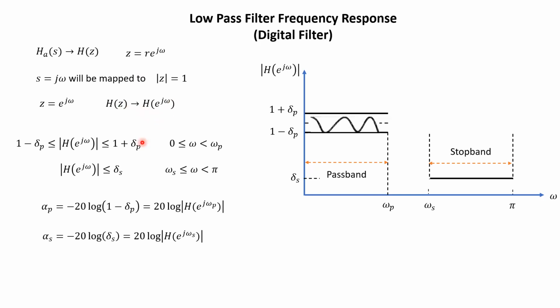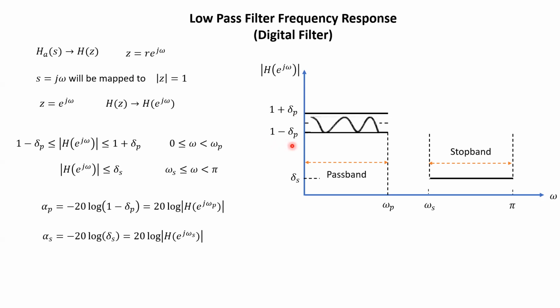Normally within this pass band there will be ripples that may be allowed. Here you can see the absolute gain of the filter. The maximum gain that may be within the passband is 1 plus delta p, and the minimum gain that must be there within the passband is 1 minus delta p.